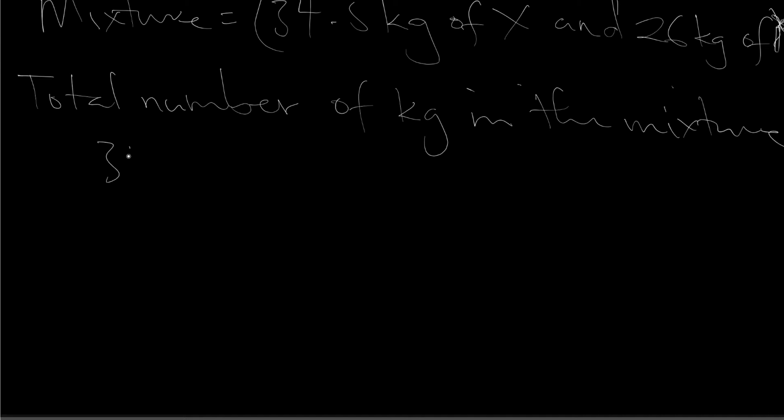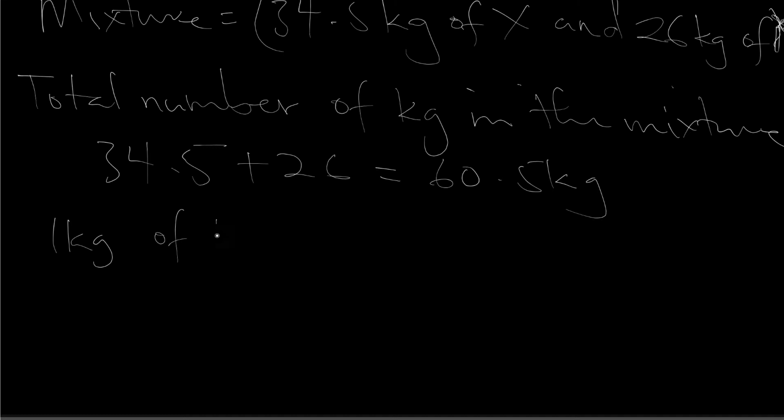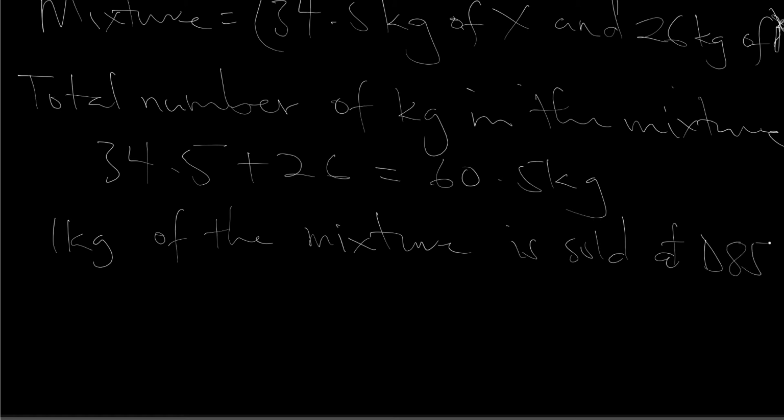That should be 34.5 plus 26, which should give us 60.5 kilograms. Now 1 kilogram of the mixture is sold at 85D.